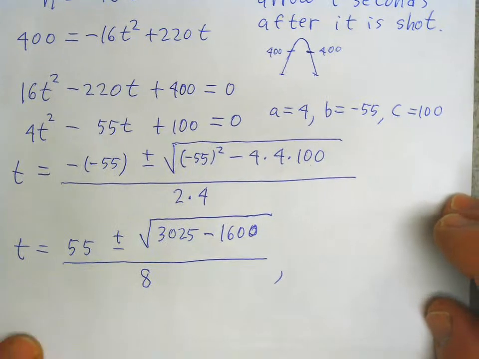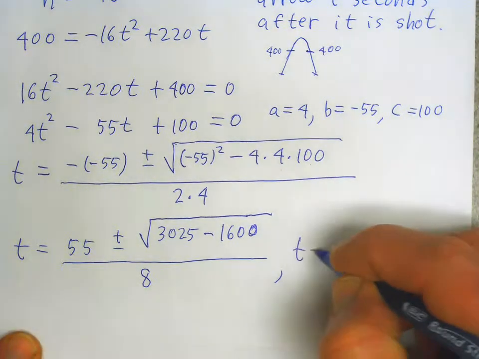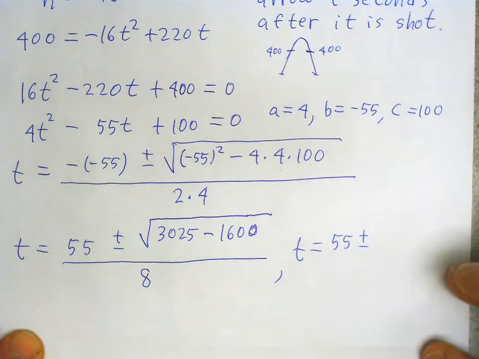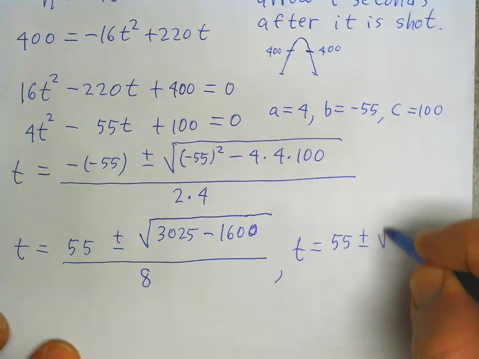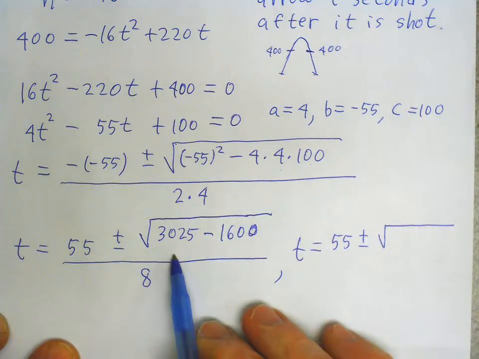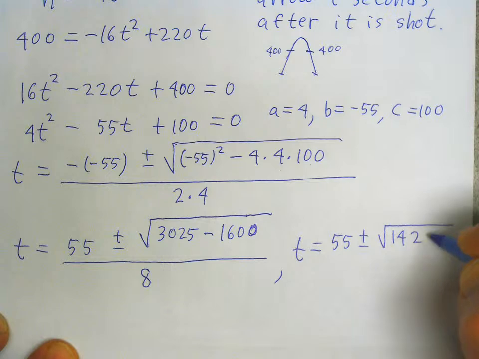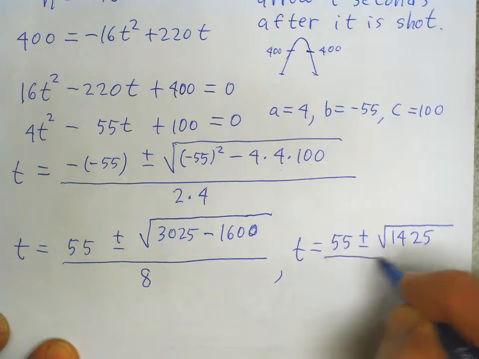And then inside the square root, let's write t equals 55 plus and minus the square root of 1,425, all divided by 8.